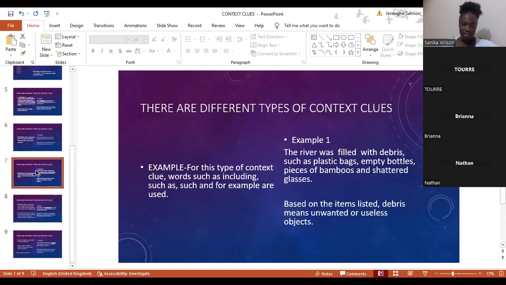For this type of context clue, words such as including, such as, and for example, are used. Example one, the river was filled with debris such as plastic bags, empty bottles, pieces of bamboo, and shattered glasses. So if we had no idea what debris means, based on the listing we have here, we would know that debris means unwanted or unuseful objects, right?